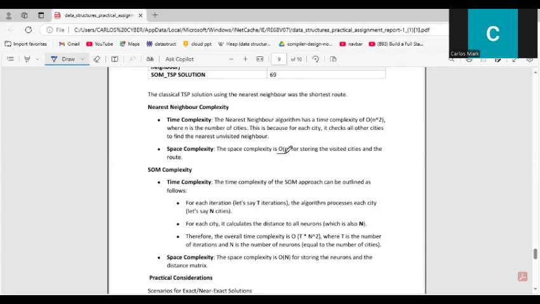So this is the space complexity, and this is the time complexity. For the nearest neighbor, this one is not optimal, but it guarantees to give you a route, though it is not optimal, as it leads to many local maxima.